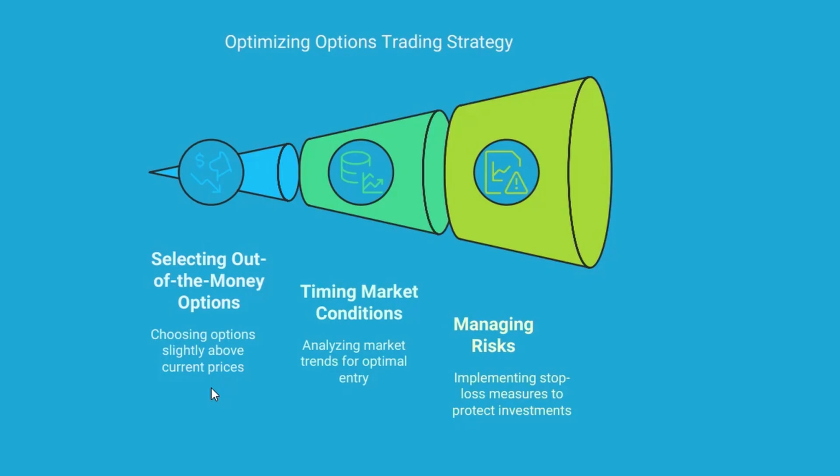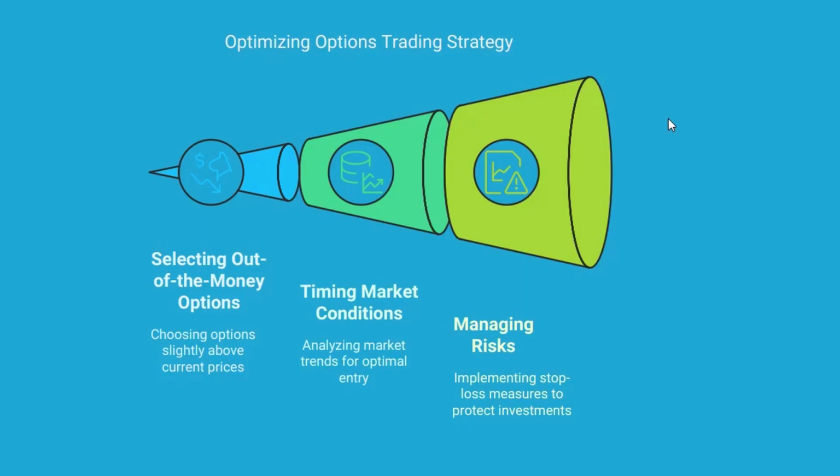These stocks are in momentum, so we are selecting out of the money options because they will be a little bit cheap. It is affordable for you people, and while trading, they will give you profits.